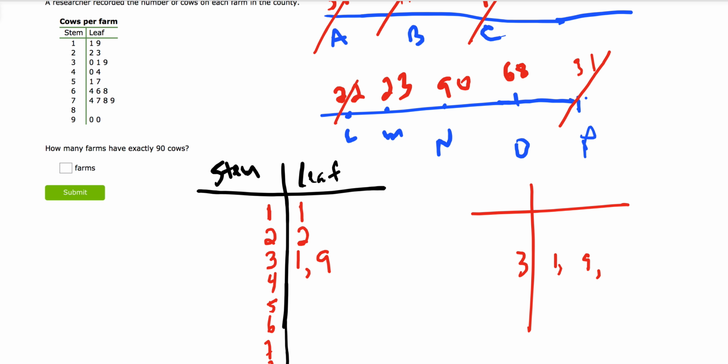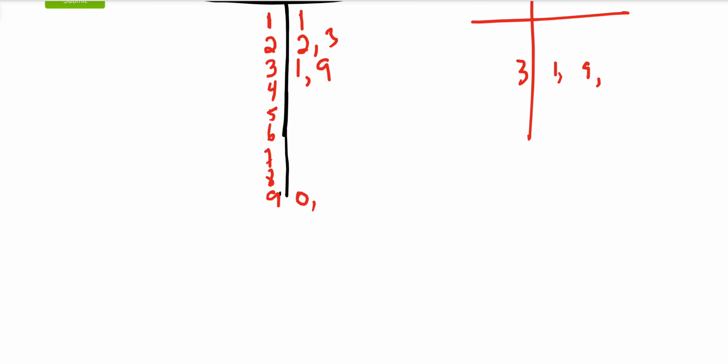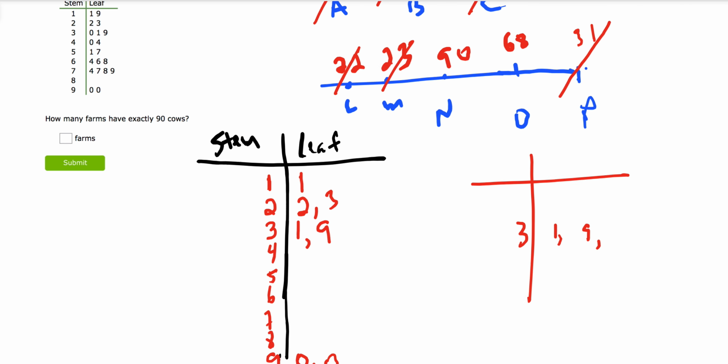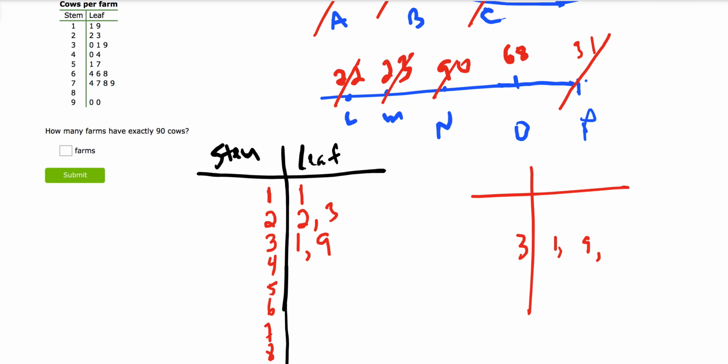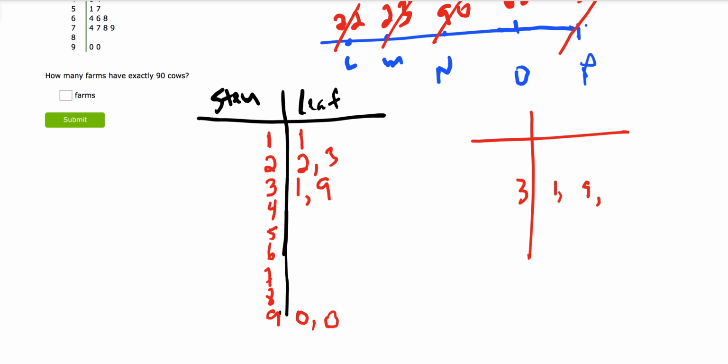What about farm M? Okay. And farm N, oh, that was L and M. What about N? Good. Keep going. What about farm O? Okay, so an 8 next to the 6.